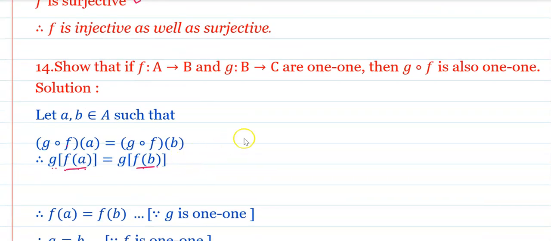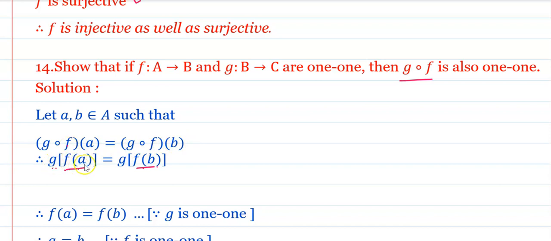Means what? If we are given that f and g हे दोन्ही 1 1 आहेत, then what we want to prove is that their composite gof is also 1 1. मग काय करतो त्यासाठी आपण? That is we define gof of a and the gof of b. मग तो हा इथे अप्लाय करतो.